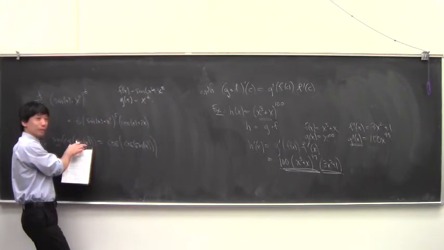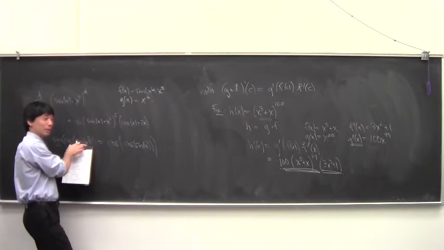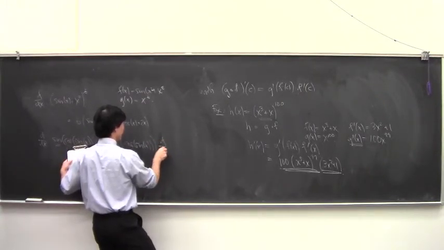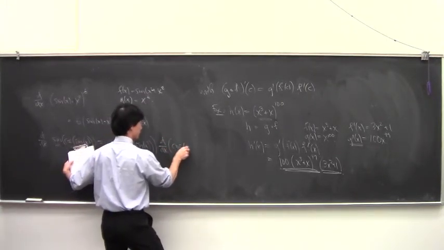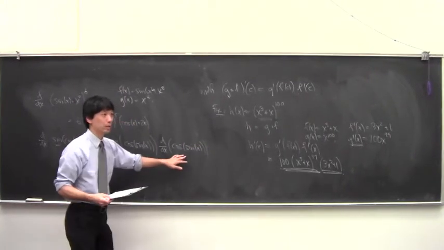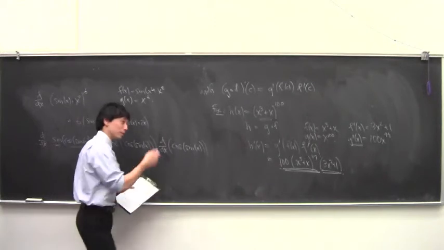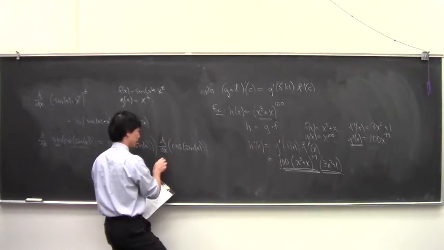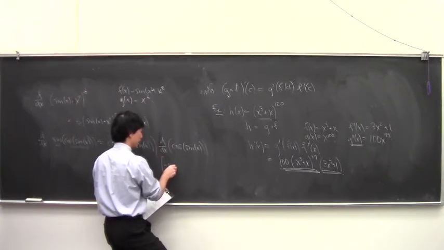This inside function is also a composition, so I do it again. I want the derivative of the inside function, but this is also a composition, so I just do it again. Take the derivative of the outside function, negative sine x.